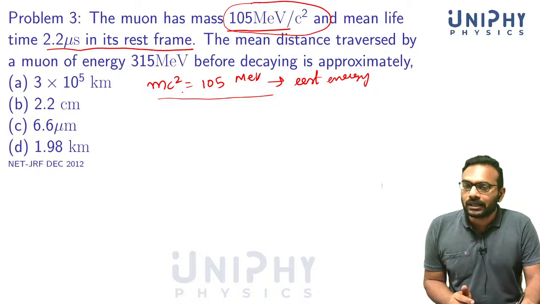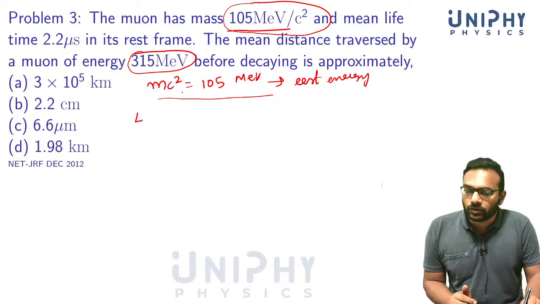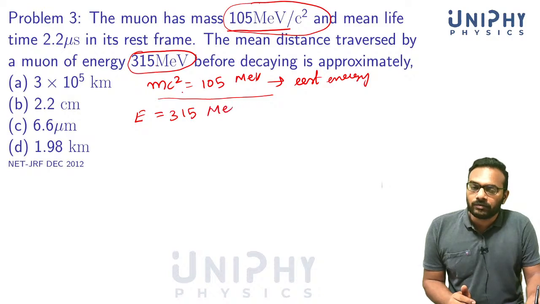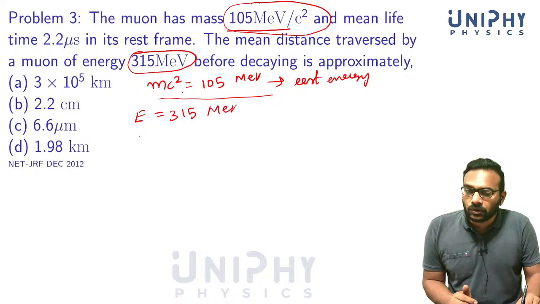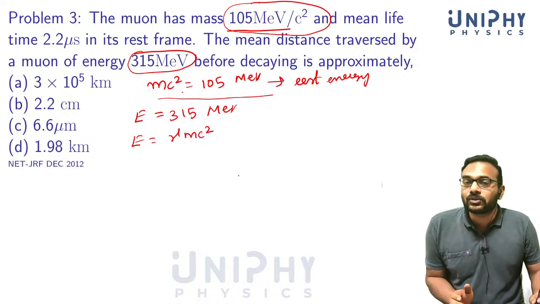And now we have a muon of energy 315 MeV. But we also know that the relativistic energy is gamma mc square. This is all we need actually.